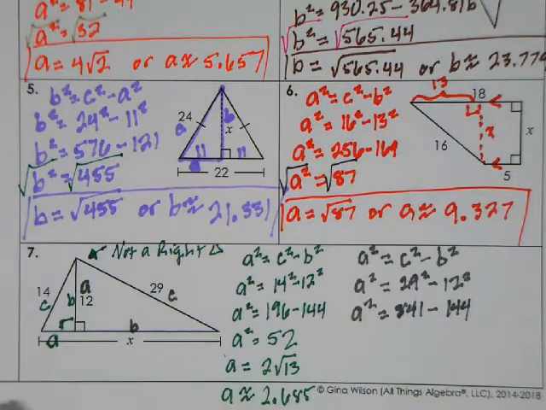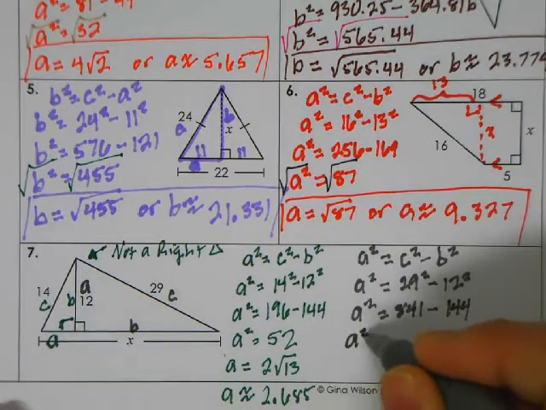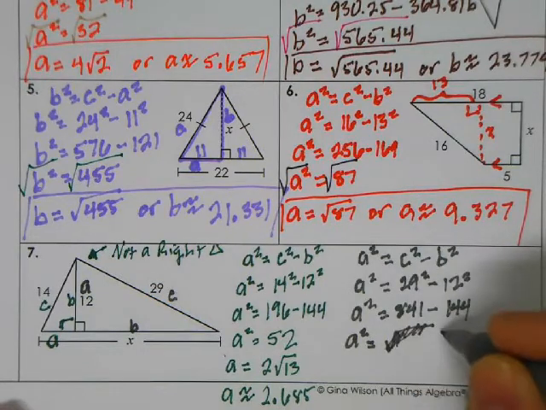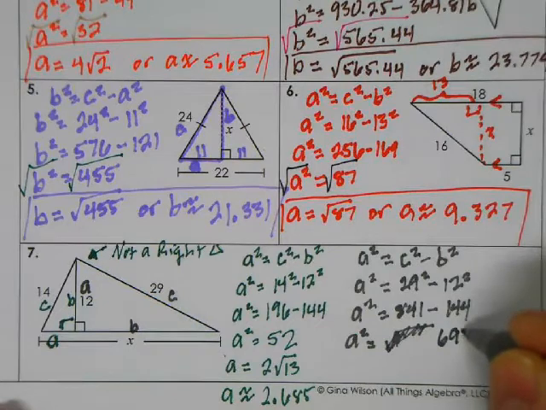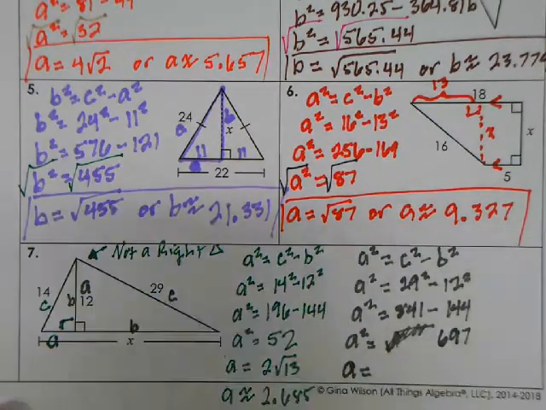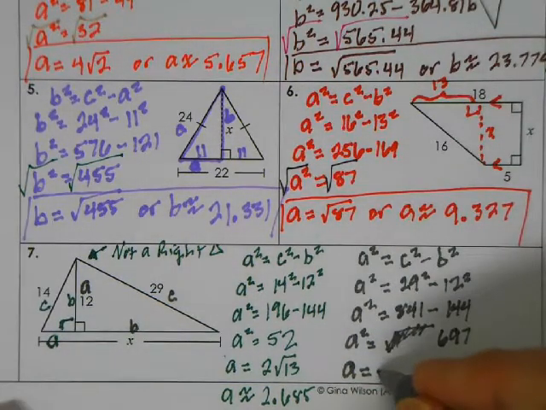So the difference of those is 697. Then we take the square root of both sides, and the square root of 697 doesn't simplify.